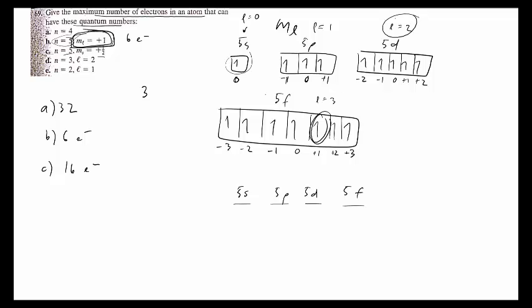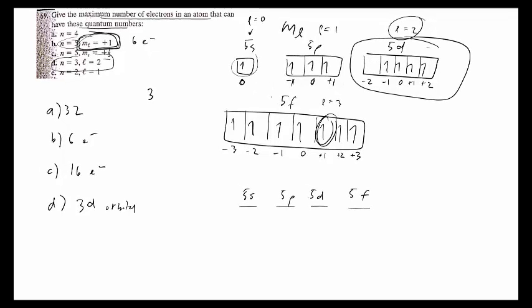So a 2 means d. What am I doing here? So a 3d, we're on letter d. So, okay, a 3d orbital. And that's all they specified. They just told you the sublevel. So what's the maximum number of electrons that can have a 3 and a 2 like that? It would be the maximum number.